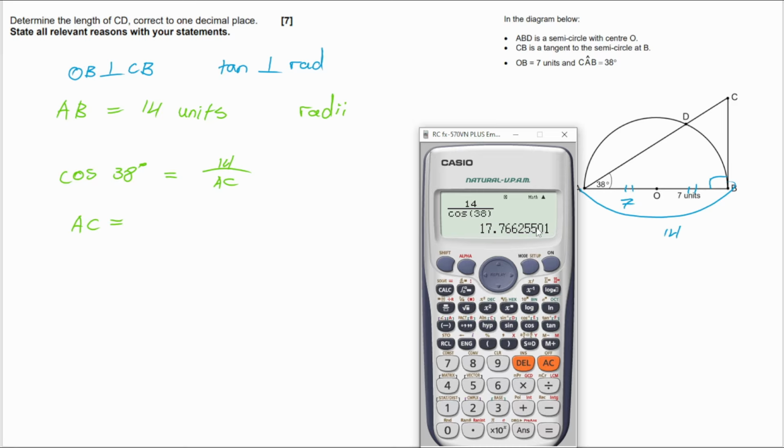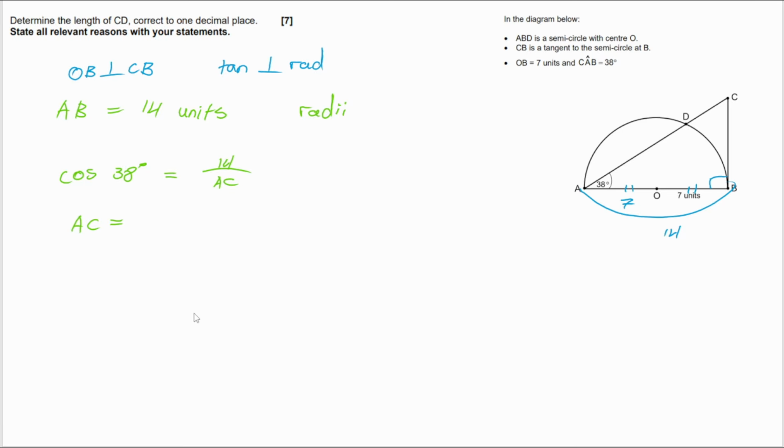AC, we're going to put to 4 decimal places, so 17.7663 units. It is good to work to 4 decimal places while I'm working, and then obviously final answer 1 decimal place.